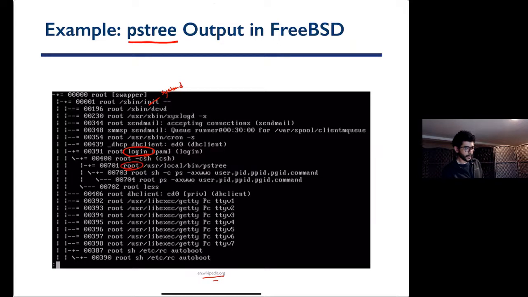That's why the owner is root, as you can see, of the rest of the processes that are the children of the login. You can actually run pstree on your system and see what the process tree looks like.